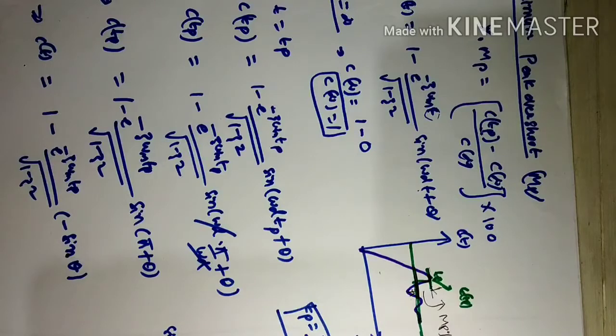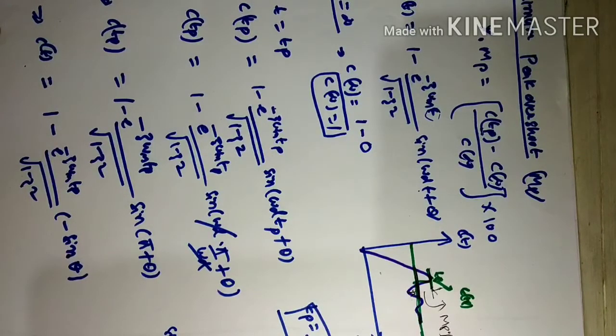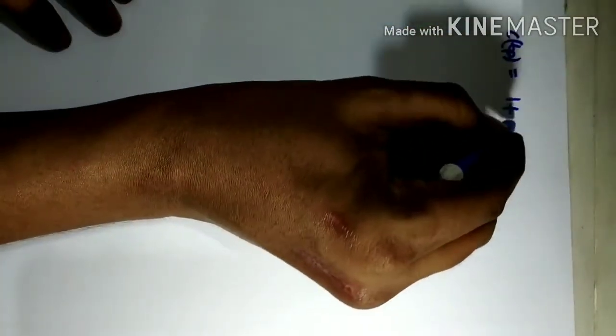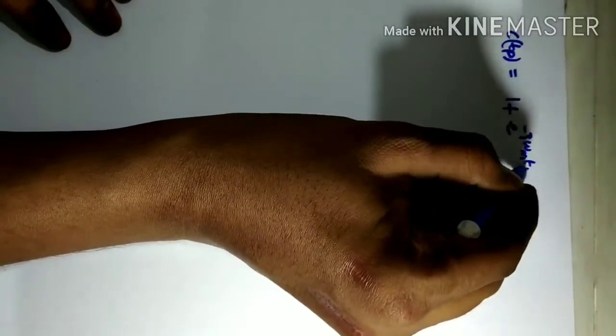That becomes plus. So what is C(tp)? C(tp) is equal to 1 plus e raised to minus zeta omega n tp.